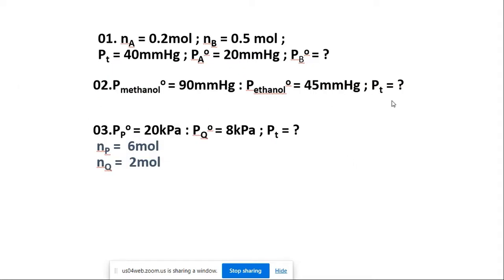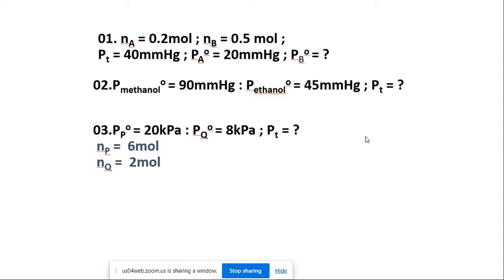Again, you have a second one, right? P methanol is 90, P ethanol is 45. What is PT? Simply you need to add those two.